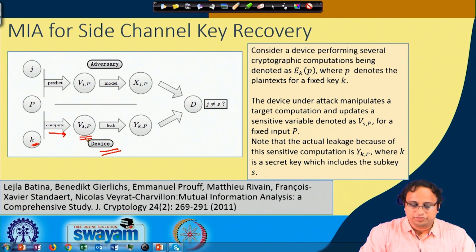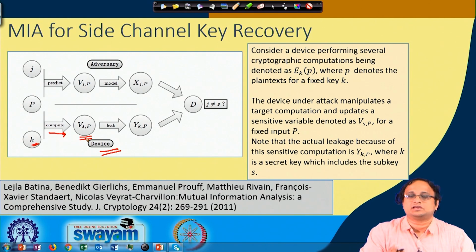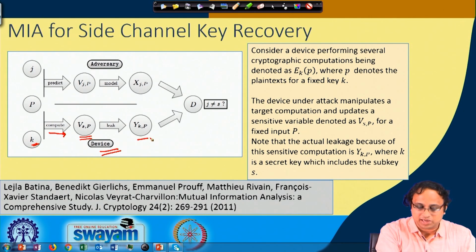Now, this V(S, P) is the target variable, a specific target which you are choosing, but the leakage is denoted as Y(k, P).